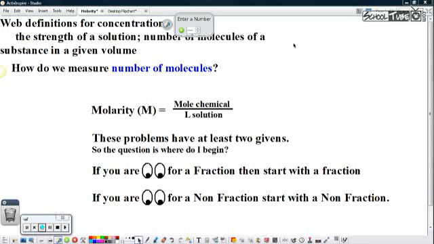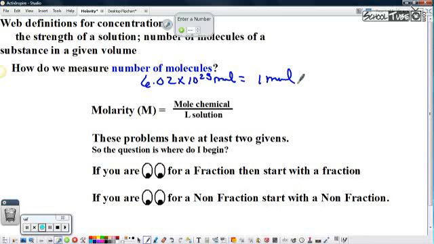Chemists, as we've talked about before, are lazy. They don't want to have to write out mole of chemical per liter of solution. So in order to make it short and sweet and easy to write, they use a capital M. So the number of moles, how do we measure this? 6.02 times 10 to the 23rd molecules equals 1 mole.